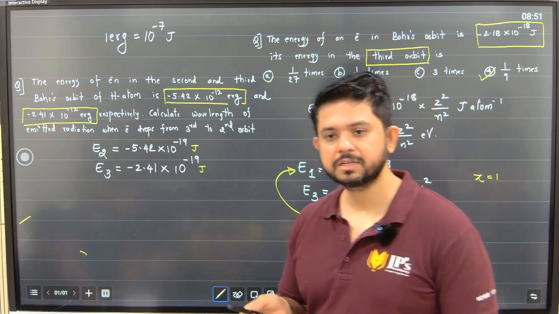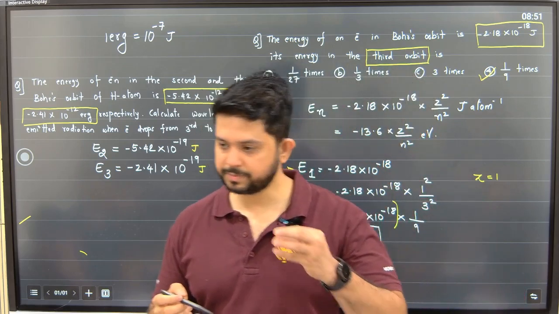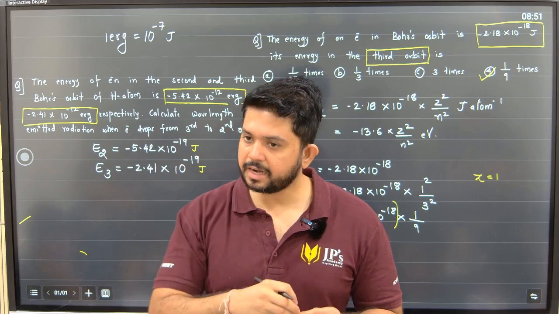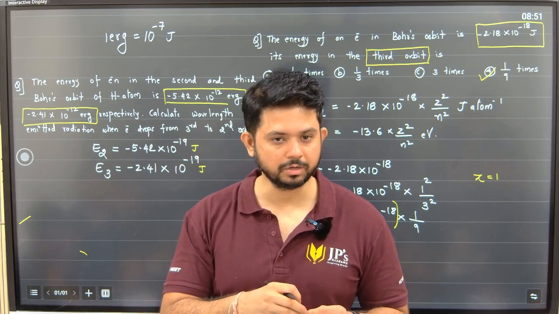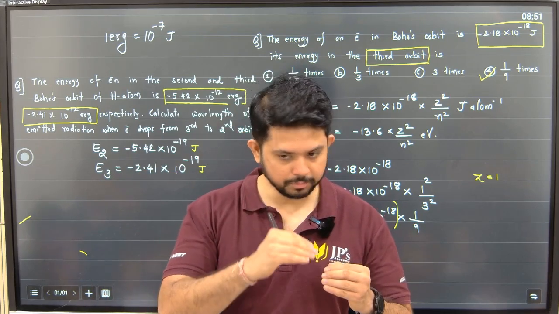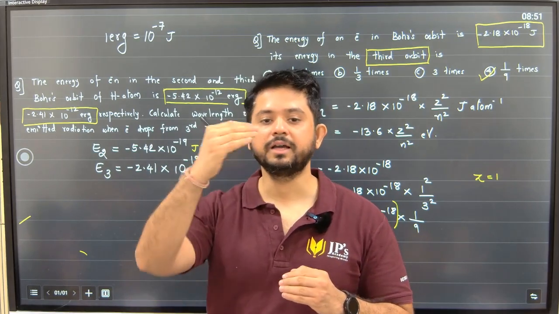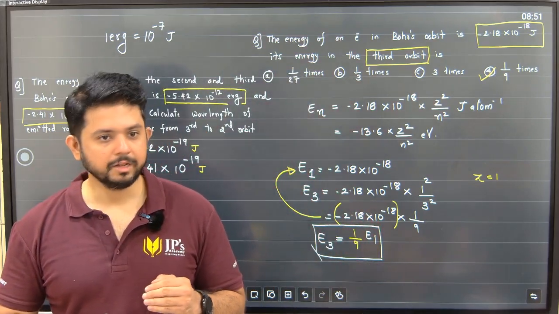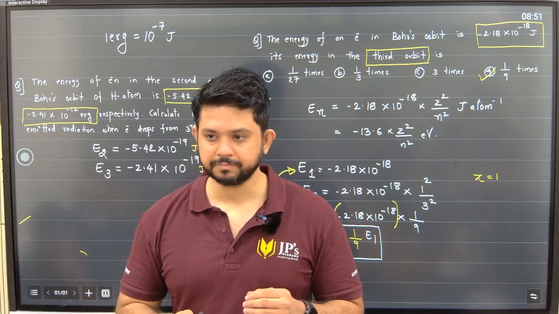Now, if you remember last class, let's say an electron is present in an inner shell. If you supply that electron energy in the form of a photon, it goes from a lower shell to a higher shell. This was called excitation. While writing one of the Bohr's postulates, हमने ये लिखा था.